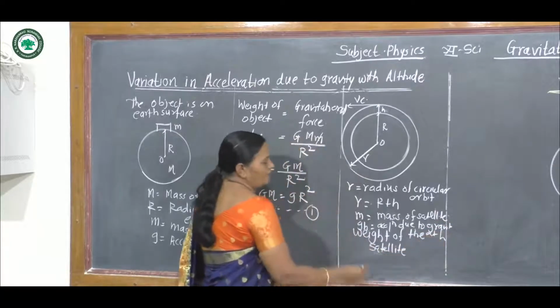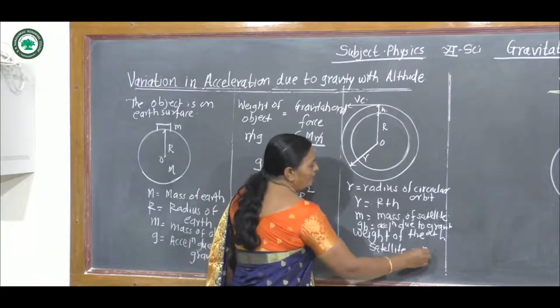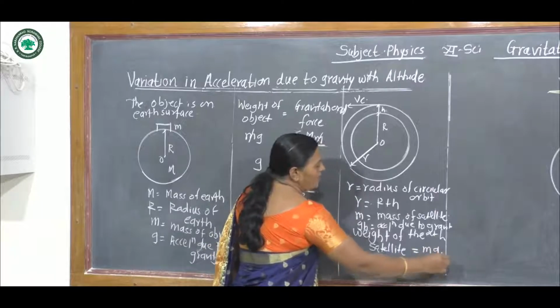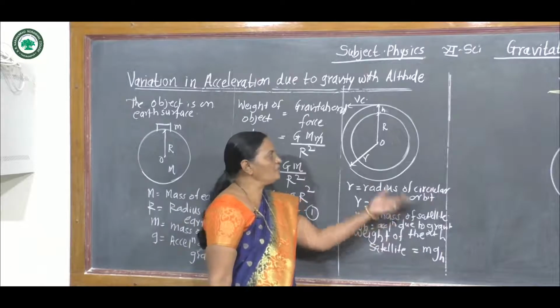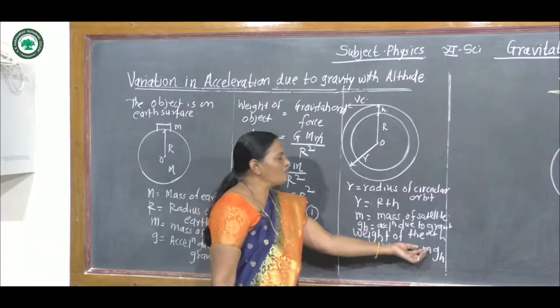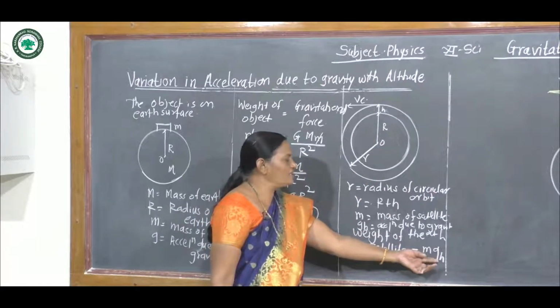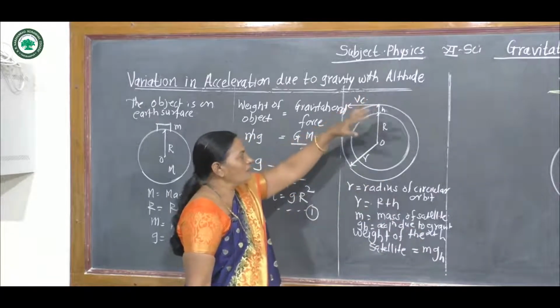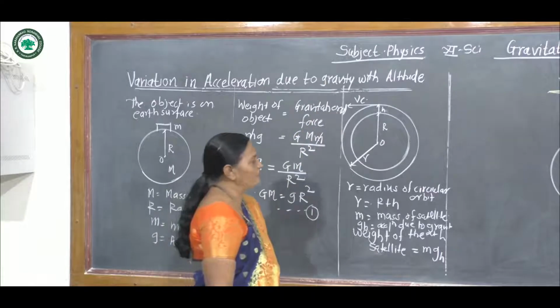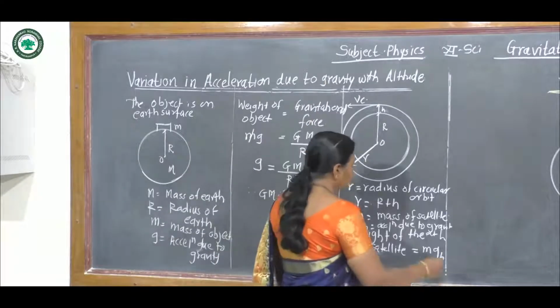The weight of the satellite is m g_h, where m is the mass of the satellite and g_h is the acceleration due to gravity above the earth's surface at height h.